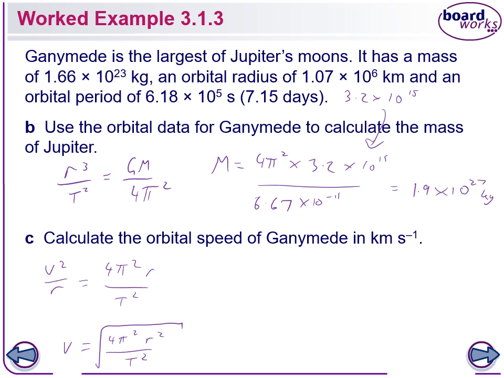Okay, so v, let's put in our data. V is equal to, well, I'll leave the square root to last, 4 pi squared multiplied by r. So the radius of Ganymede is 1.07 times 10 to the 9 meters. Remember, not kilometers. We want to square that, divided by the period squared.